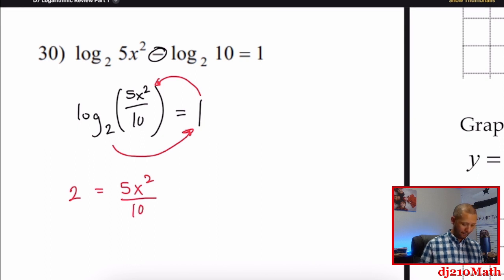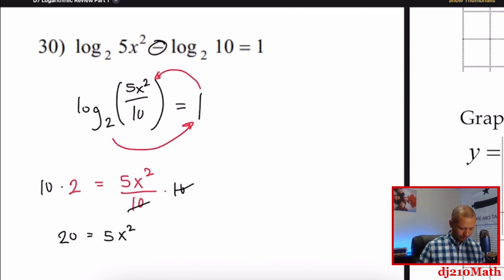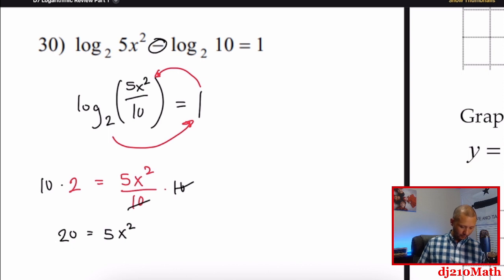If we multiply both sides by 10, because we're isolating x, on the left, 10 times 2 is 20, and this is equal to 5x squared. Divide both sides by 5. 20 divided by 5 is 4. Oh, that's nice, because look, 4 is equal to x squared.